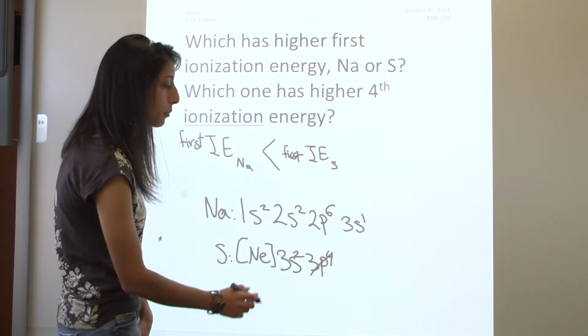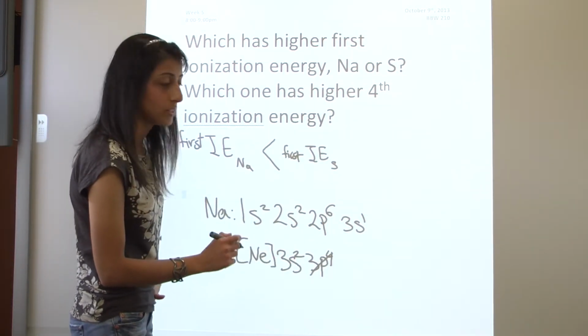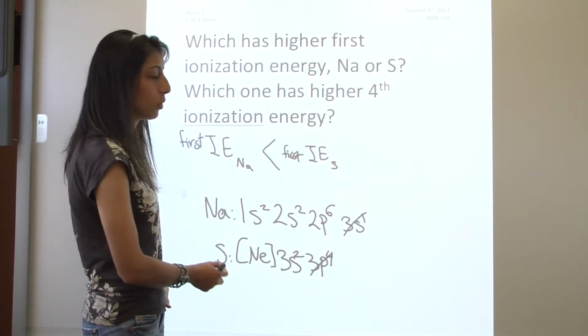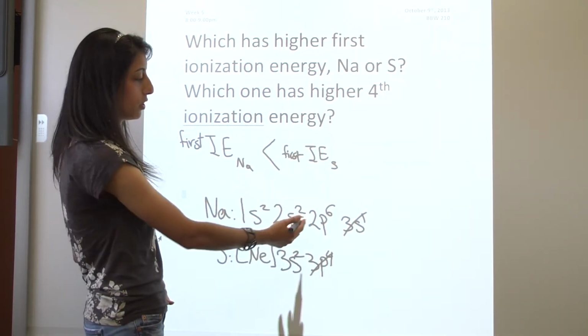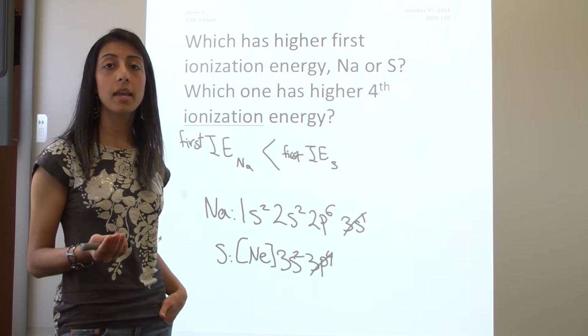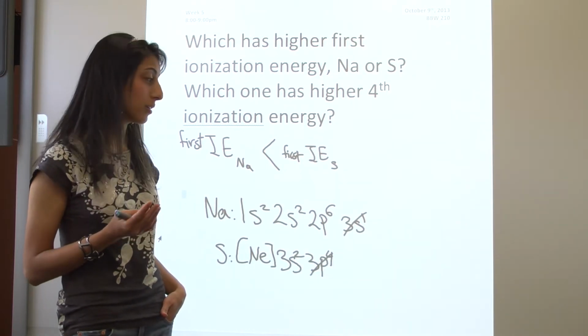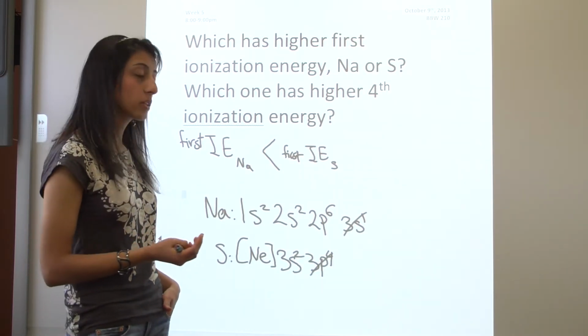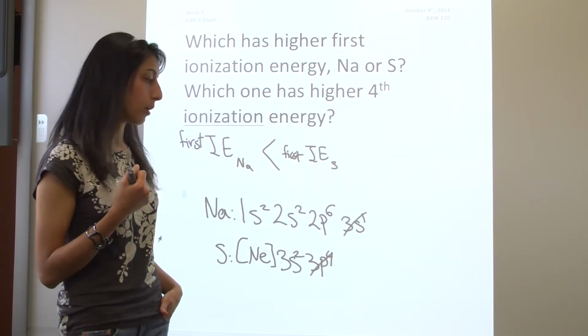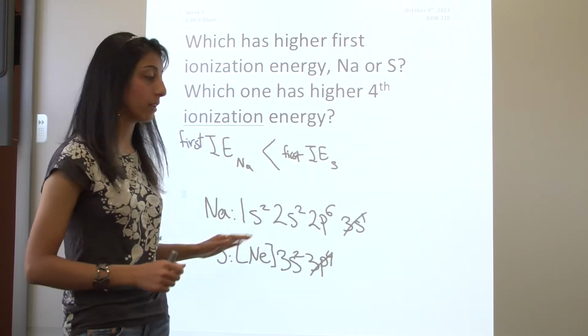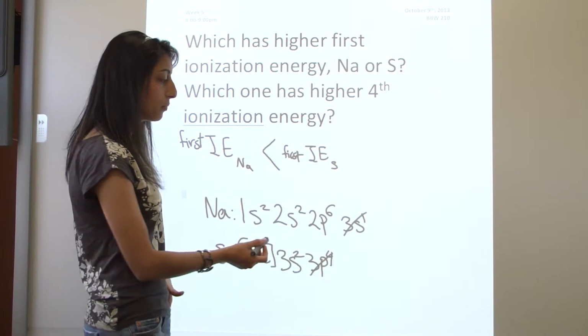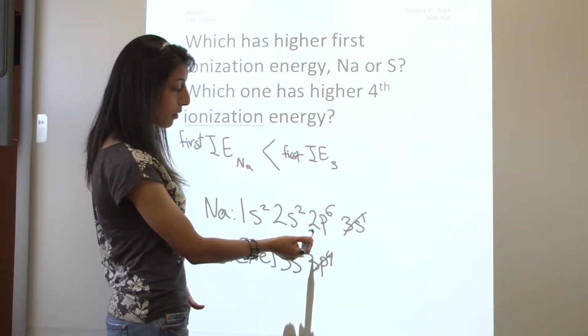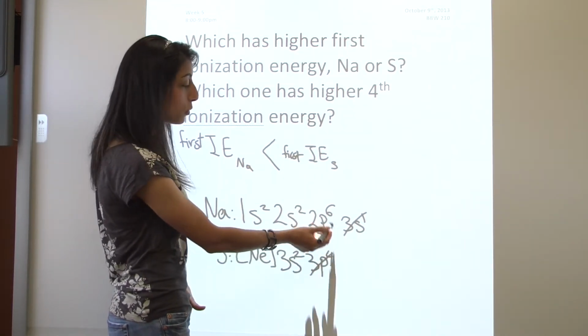But for sodium, remember, after the first ionization energy, sodium is going to have a noble gas configuration, which means it's really stable, and it would hate to get rid of any more electrons. So it's going to be harder to remove electrons past that first ionization energy. We are also taking them from this 2p6, from this 2p orbital.